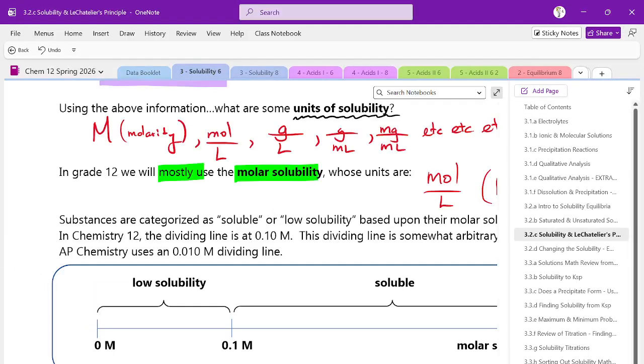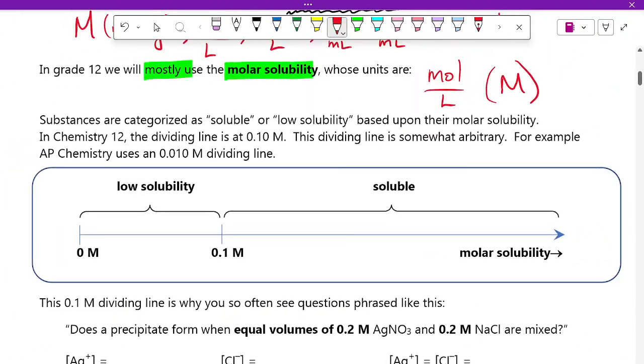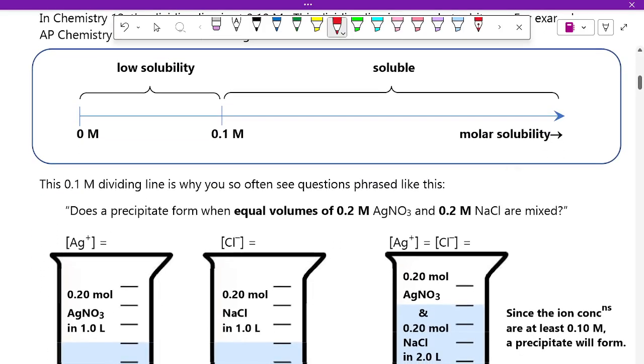this dividing line here: anything above 0.1 is considered soluble, and anything below 0.1 is considered low solubility. That's why when you see questions, you will often see 0.2 molar mixed with 0.2 molar, and we're going to mix equal volumes.